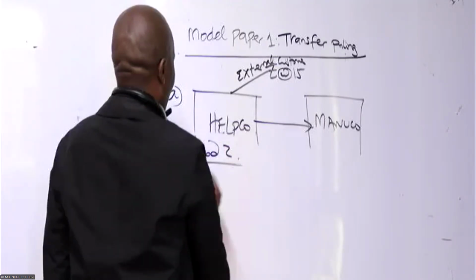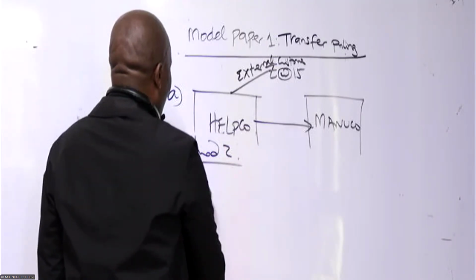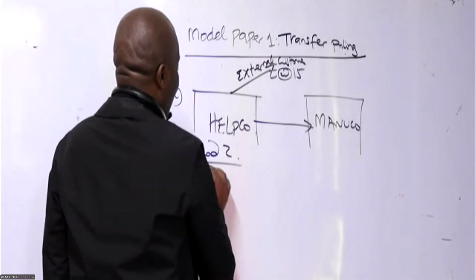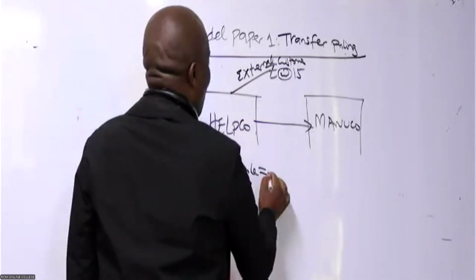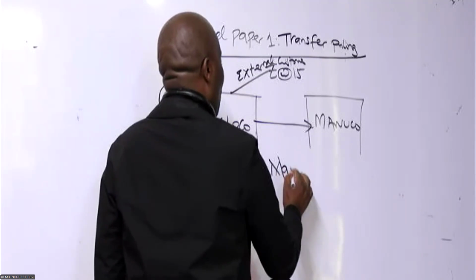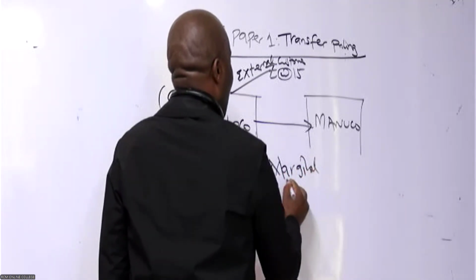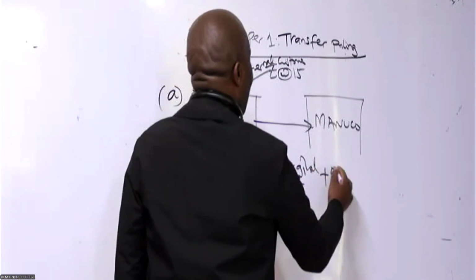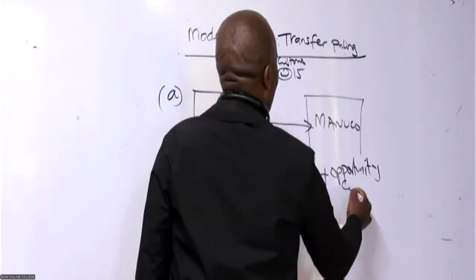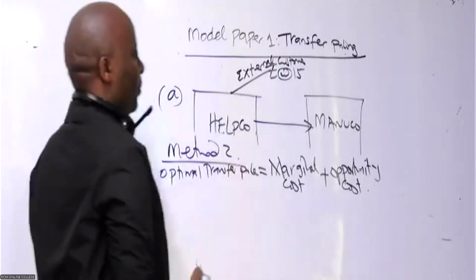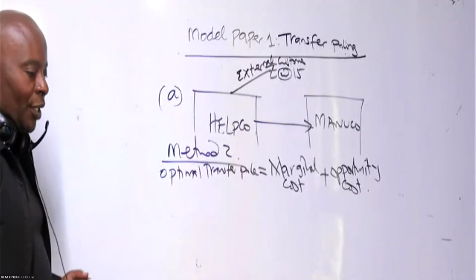Method 2. So method 2, the optimal transfer price, will always be equal to marginal cost plus any opportunity cost. This is a very, very good method.